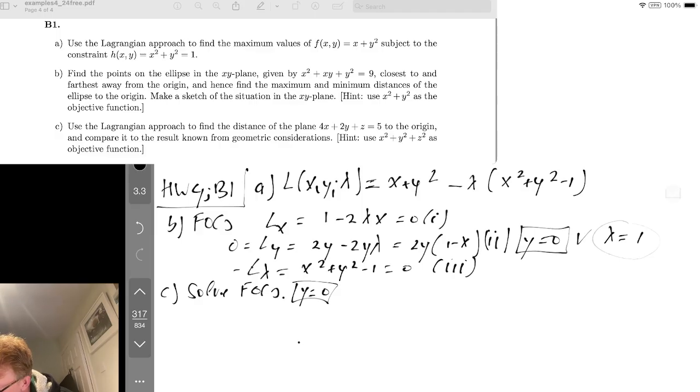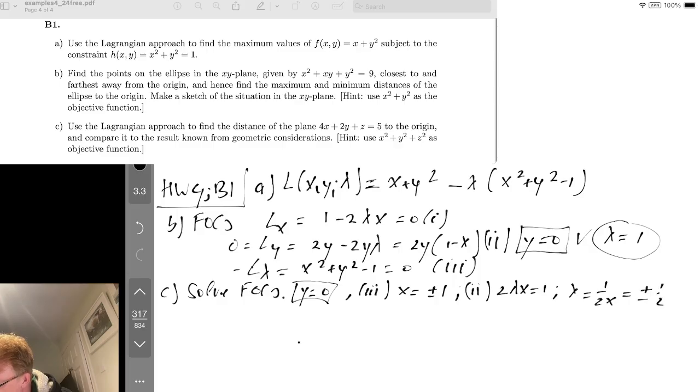So y is 0, that's from equation 2, so y is 0 gives us from 3 x is plus or minus 1, and then 2 gives us 2 lambda x is 1, so lambda is 1 over 2x, that is plus or minus half with x is plus or minus 1.